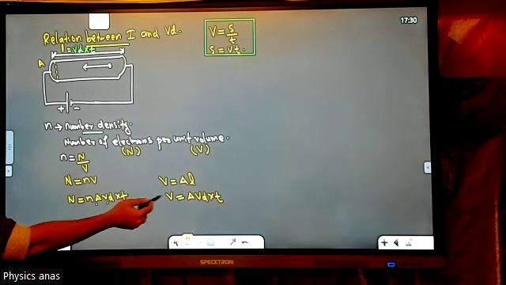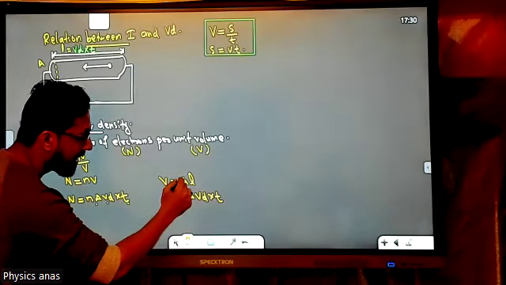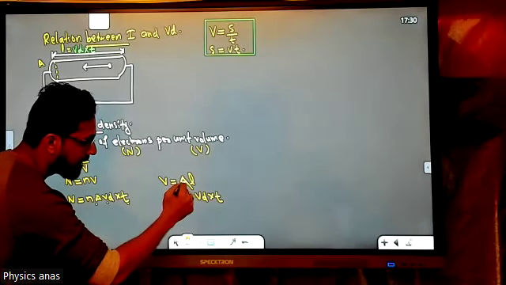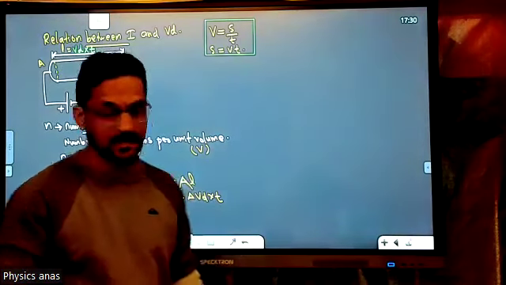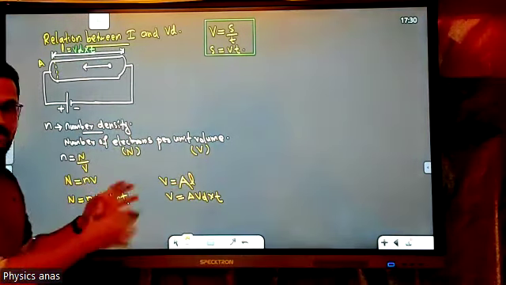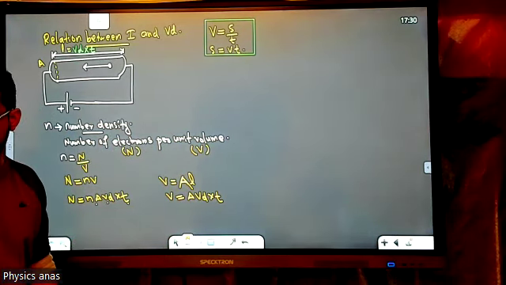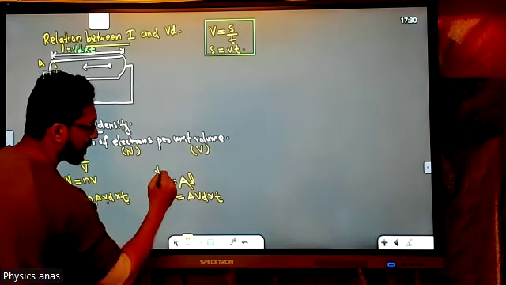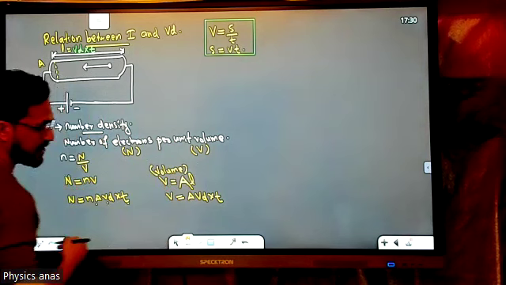Yeah, here. This is not delta, it's A. Volume. This is volume. Volume is area into length, right? That's volume.